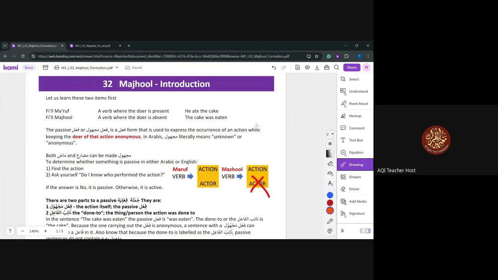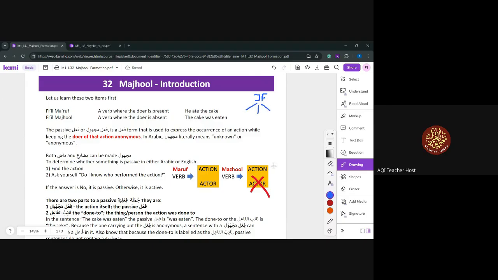Before I begin today's topic, let us remind ourselves about lesson number 21, where we learned about the verbal sentences. We remember that verbal sentences are called Jumlatul Fi'liya, and we studied that Jumlatul Fi'liya sentences have three components.